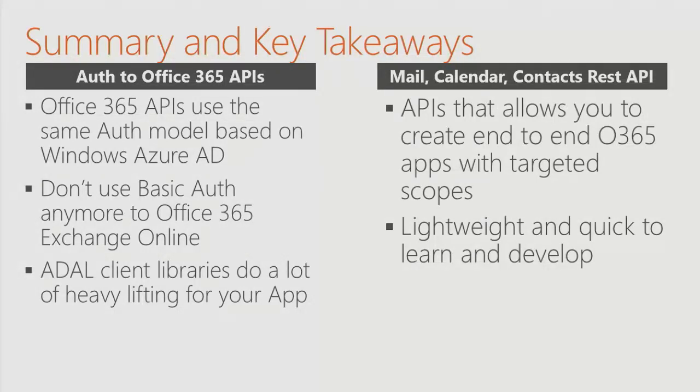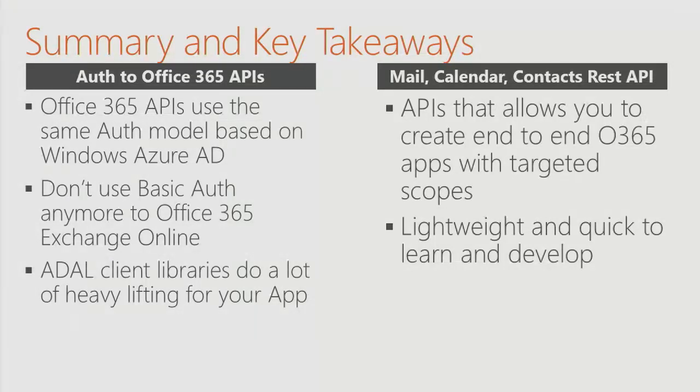For Mail and Calendar, the main takeaway I would ask you to consider is that you can now create applications that stitch across various Office workloads like SharePoint, Exchange, Azure Active Directory, and Lync. This will allow you to create an application using a single unified programming model where you don't have to do different things, and you can enable powerful scenarios with targeted scopes, of course.